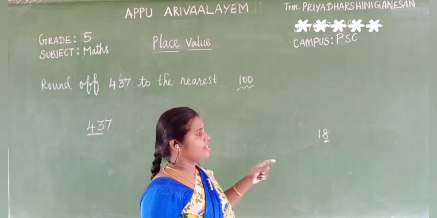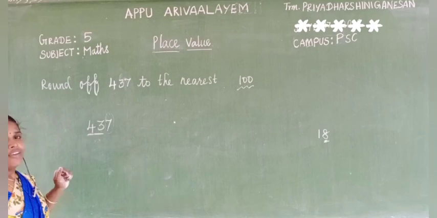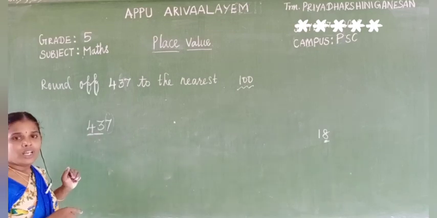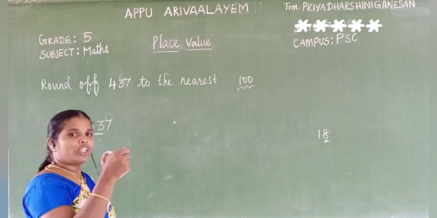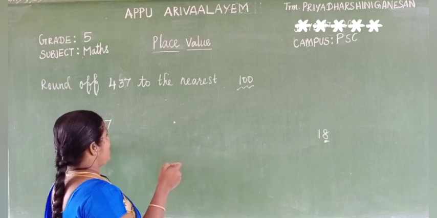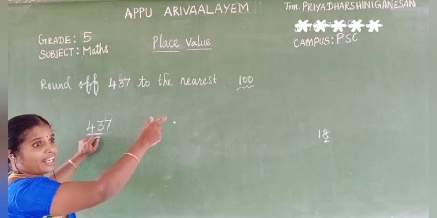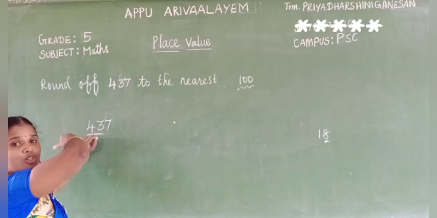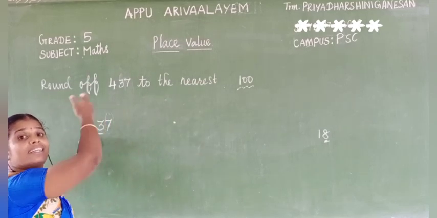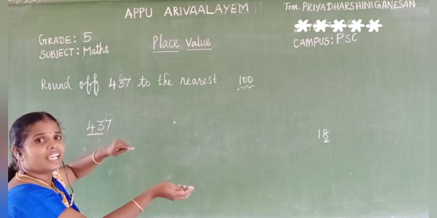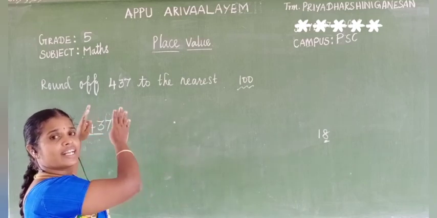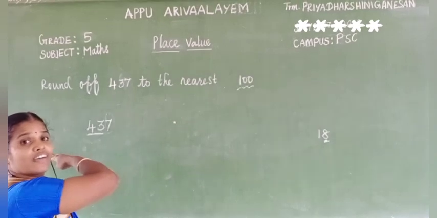Just like that, here 43, and 3, which is 430. 430 means you need to round down. Very good. 430, 420, 410, which is 400.